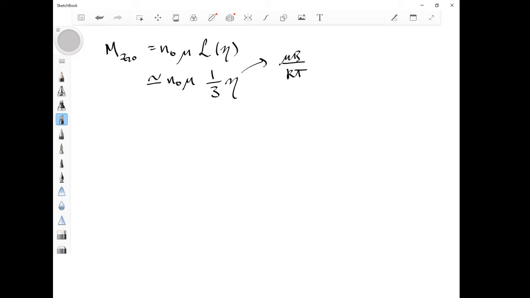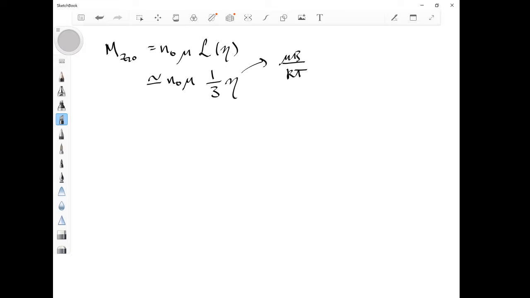And so just give me 1 sec, sorry. You can show this yourself as well, doing this Taylor expansion. You can also just plug it into Mathematica and it'll spit it out for you.